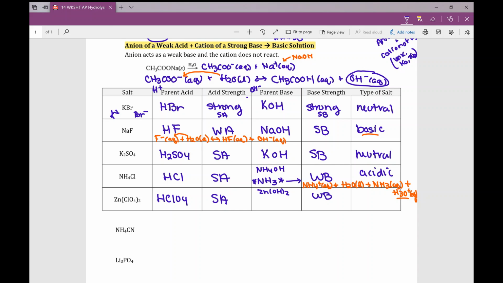But really, those zinc ions, when we talk about how they interact with water, go back to a previous lesson where we talked about how zinc ions become hydrated with water, usually 6, and then include the charge. It's that setup that's going to actually give us the hydronium that we would expect. So with a strong acid, weak base, we would expect it to be acidic, but how it actually produces that is a little bit more complicated.